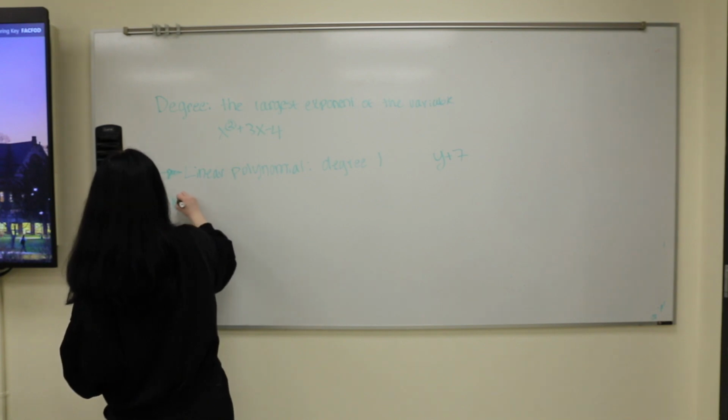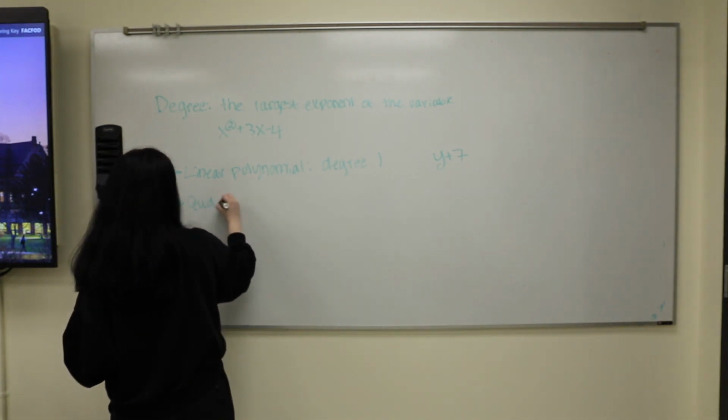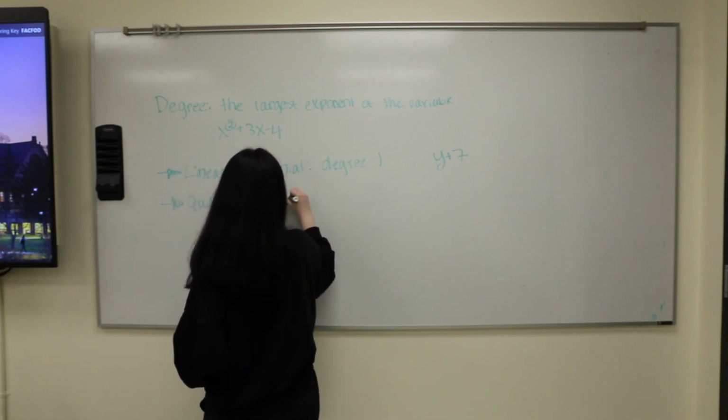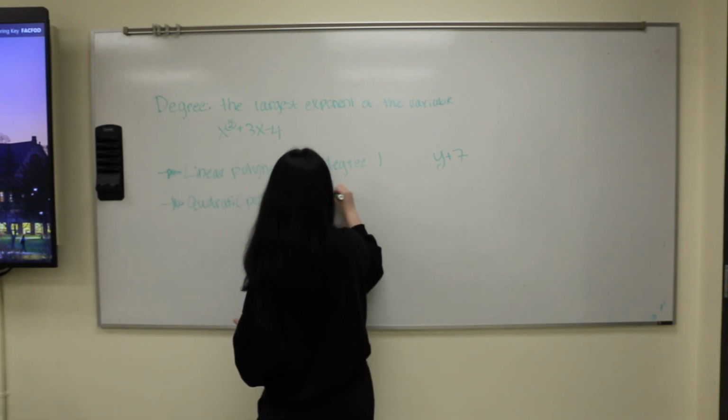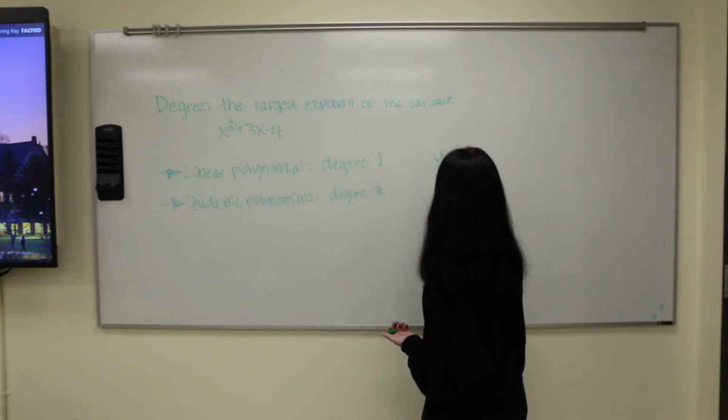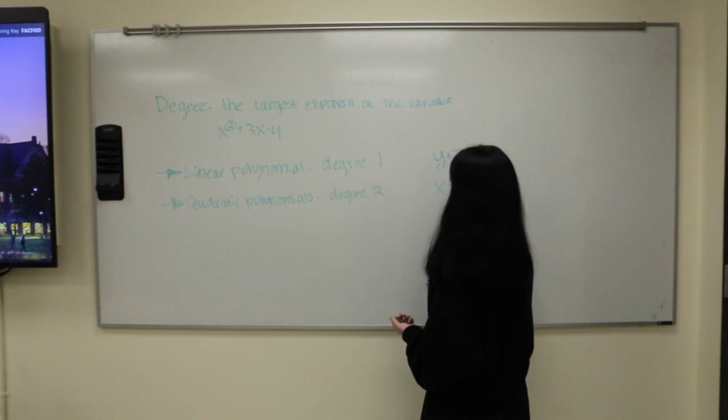There's also quadratic polynomials. So these have degree 2, and an example would be x squared plus 7.